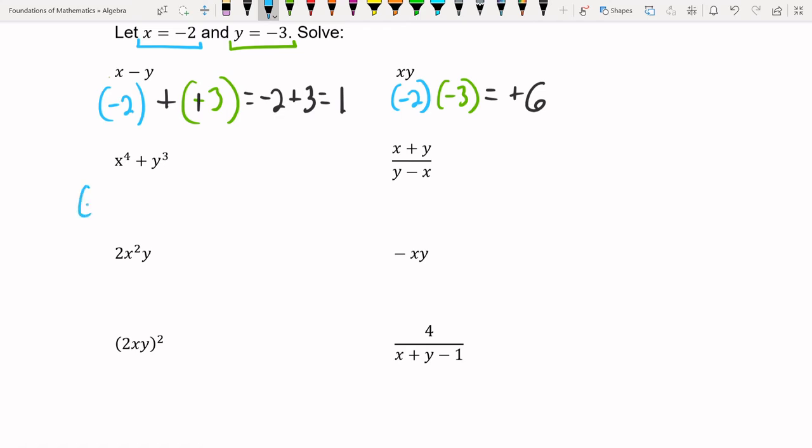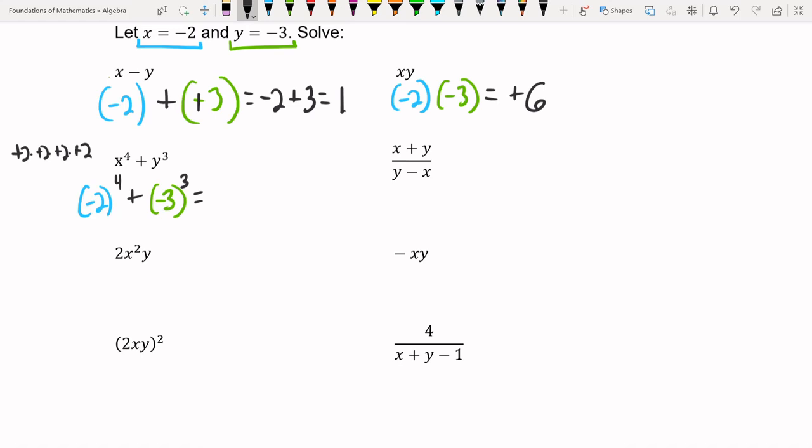Here we have -2 to the 4th power plus -3 to the 3rd power. -2 to the 4th is -2 times -2 times -2 times -2. All the negatives end up canceling because we've got pairs. 2 negatives cancel, 2 negatives cancel.